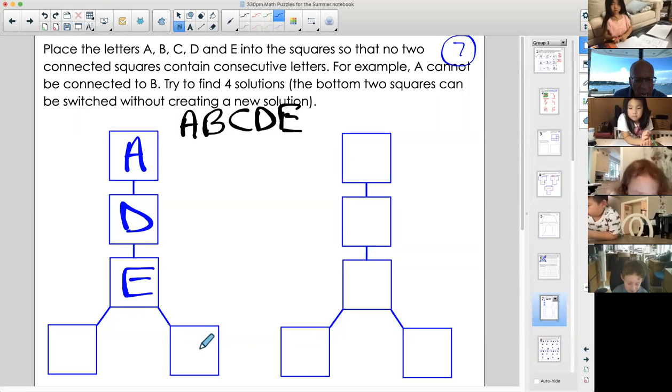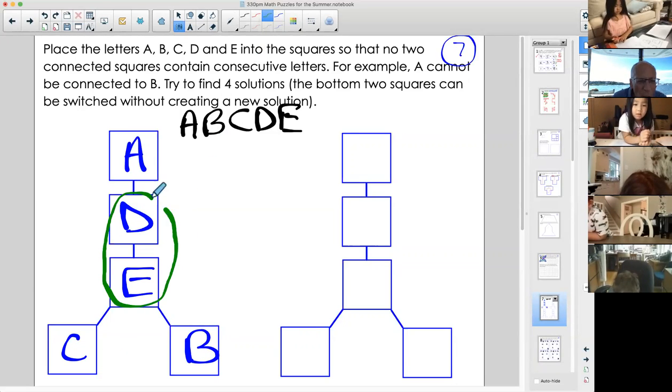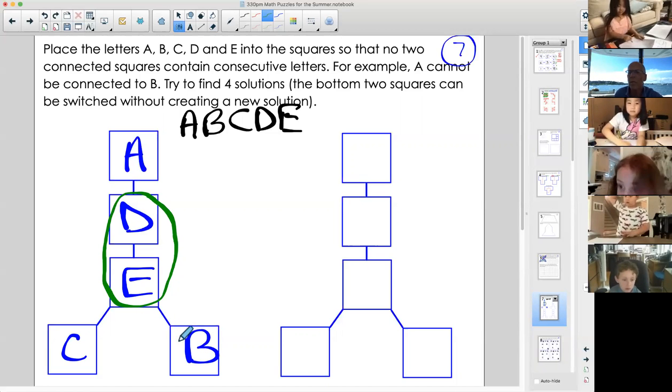And then are you saying that B would go here and C would go here? Yeah. And oh my gosh, you came so close. The D and E can't be next to each other. Cam, did you come up with a solution? Switch the D and the A. Oh my gosh.